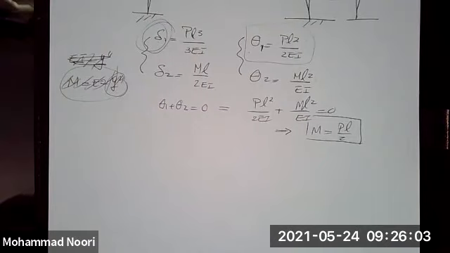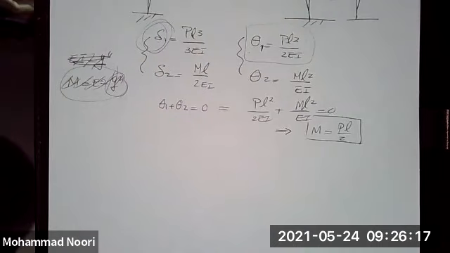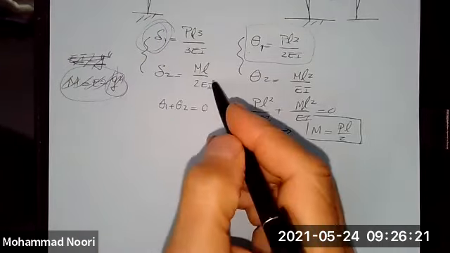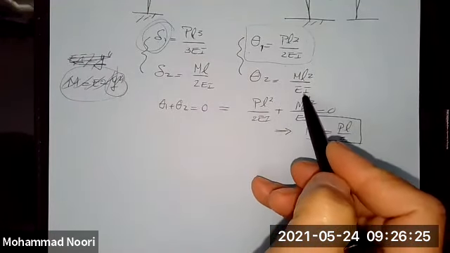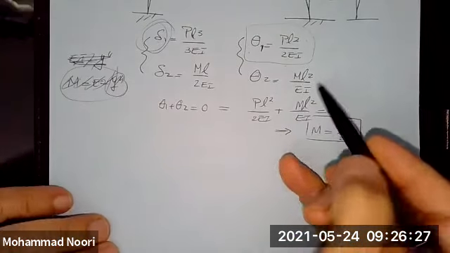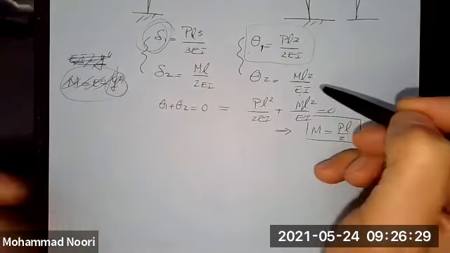Okay. Let's see. Here we go. Delta 1 is PL cubed over 3EI. Delta 2 is ML over 2EI. Theta 1 is PL squared over 2EI. This is ML squared over EI. So the units, yes, should be the same.